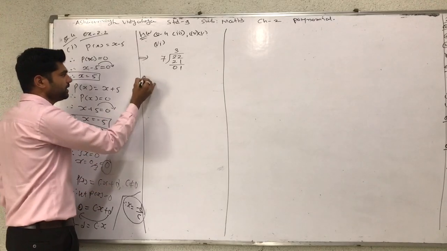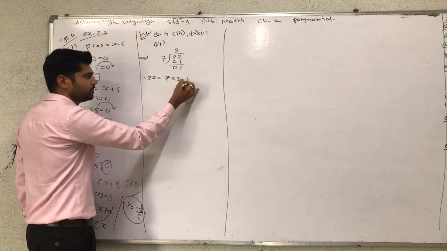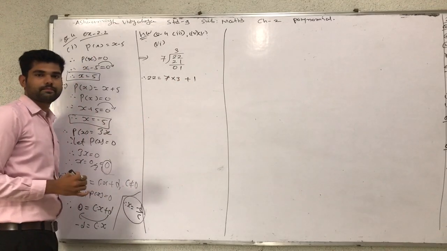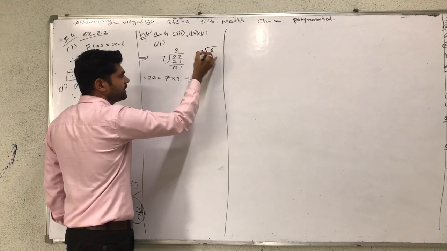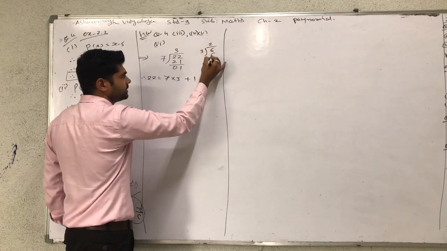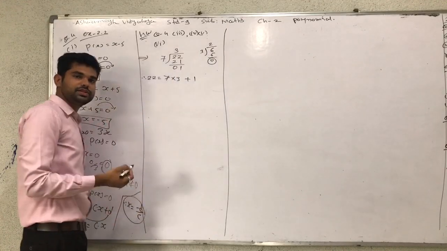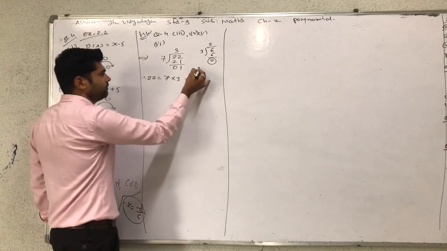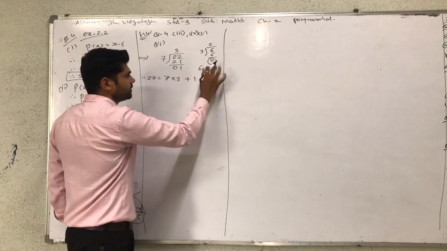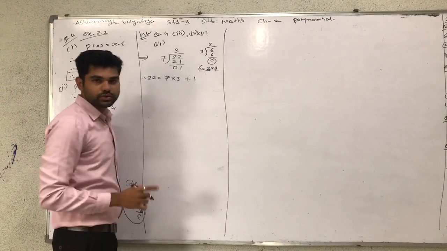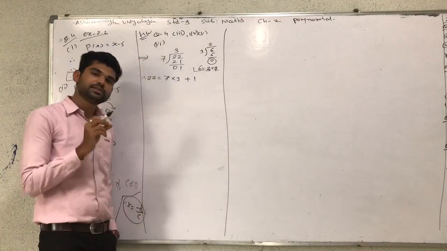So 22 can be written as 7 into 3 plus 1. Another example, 6 divided by 3, the answer is 2 and the remainder is 0. So we can write 6 equal to 3 into 2. It means 3 is a factor of 6.